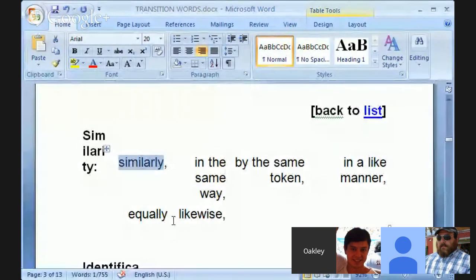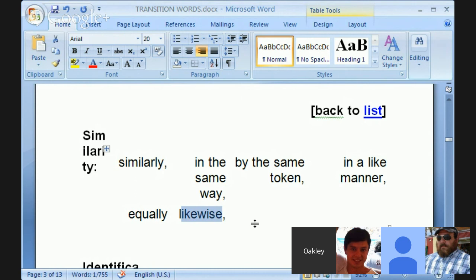Okay, Hein, can you try another one and try to form a sentence using one of these other constructions, in the same way, or equally, or likewise? Well, maybe I can help you.